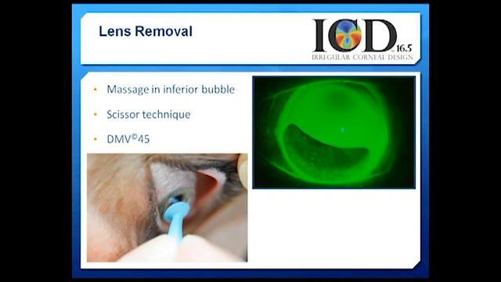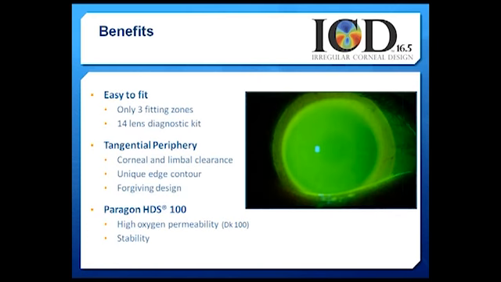That lens will easily pop out with the scissor technique or a DMV suction cup. The bubble is not necessary to remove the lens, but it does make it much easier to pop off that lens because you've broken all the surface tension, all the hydraulic force that exists with that trapped fluid between lens and cornea.